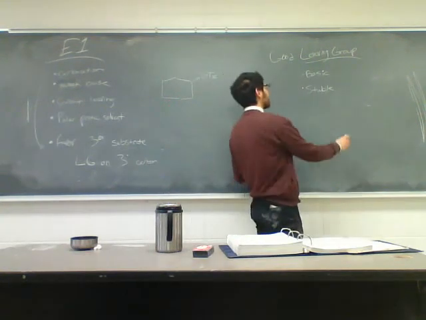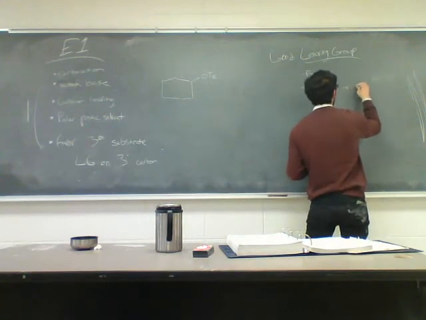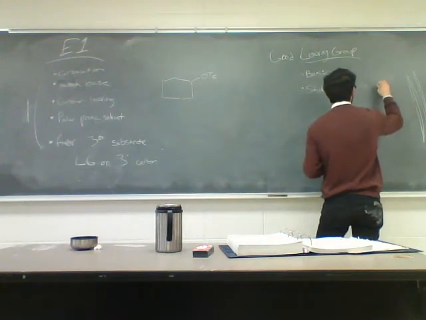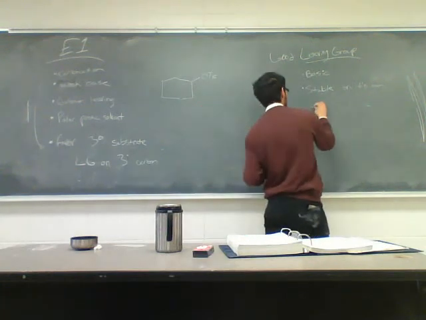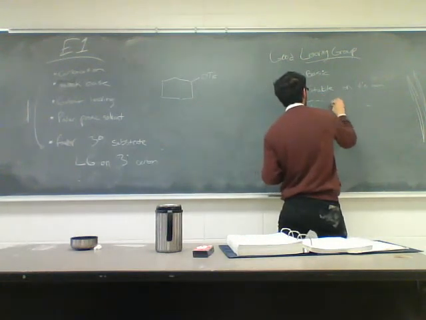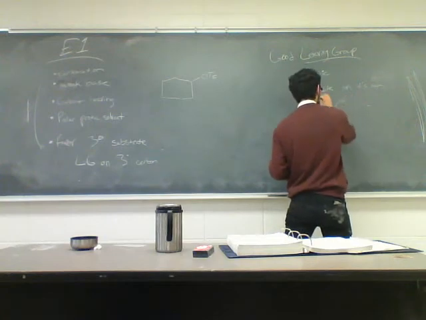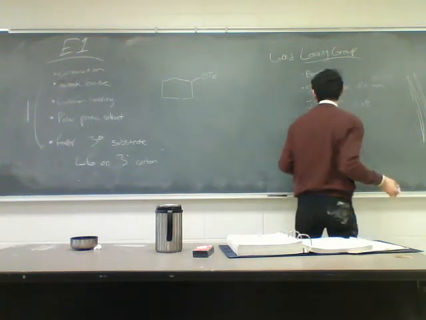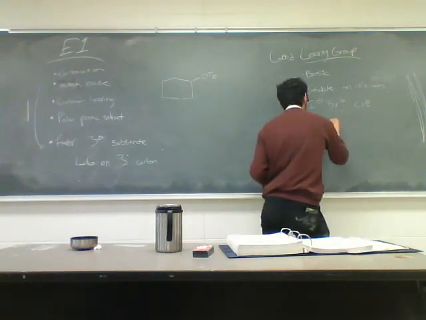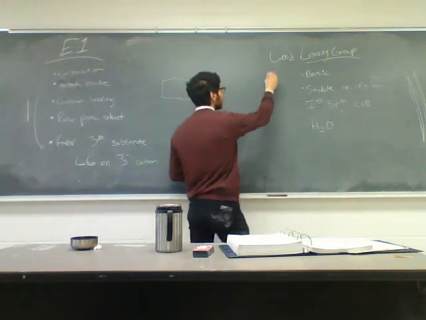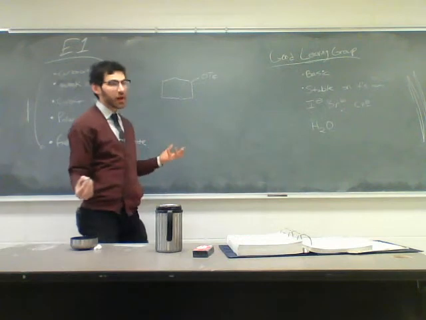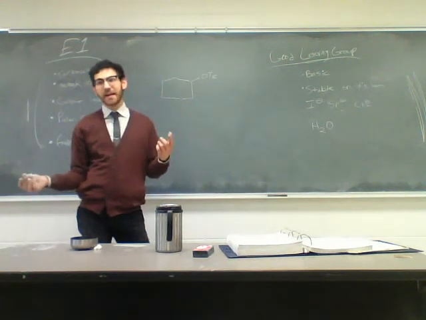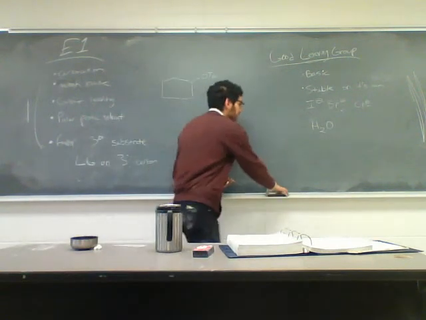Yeah, basically it should be stable on its own. So very common good leaving groups, again, are the halogens, I-, Br-, Cl-. H2O makes a good leaving group. So if we can form a neutral molecule or a common anion, that's great.